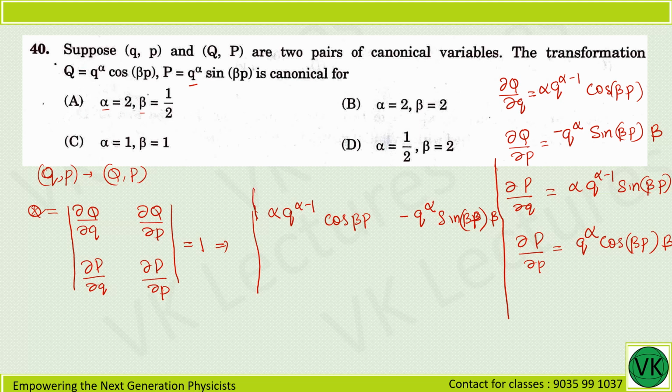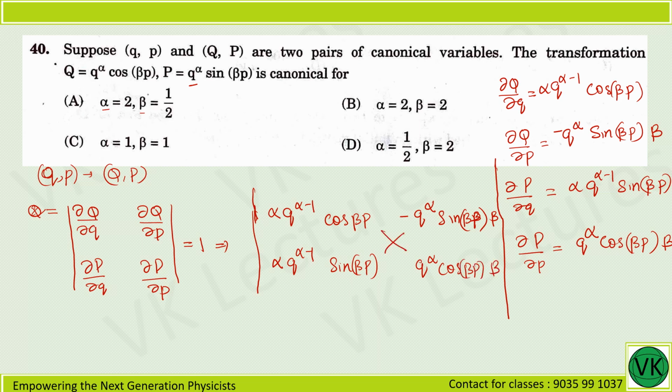Then we have alpha into q to the power alpha minus 1 sin beta p, then q to the power alpha into cos beta p into beta.